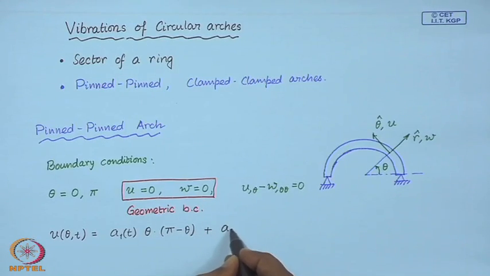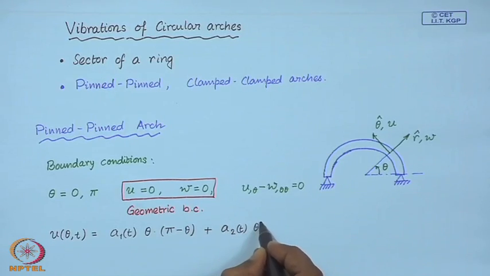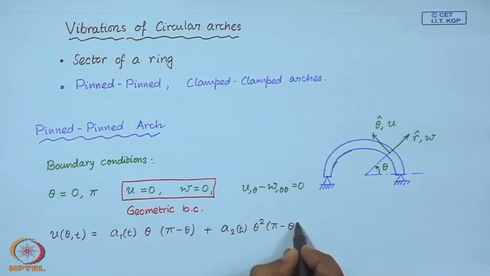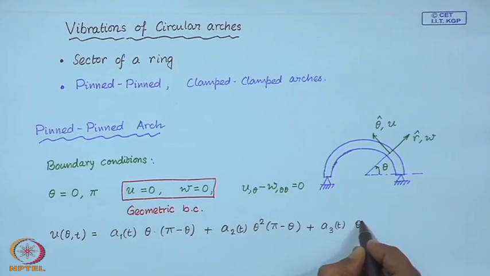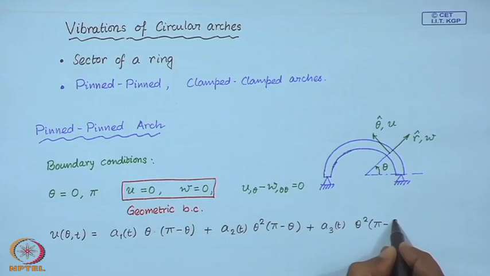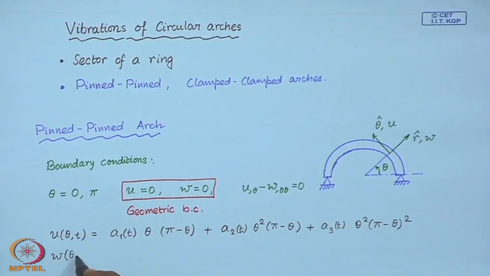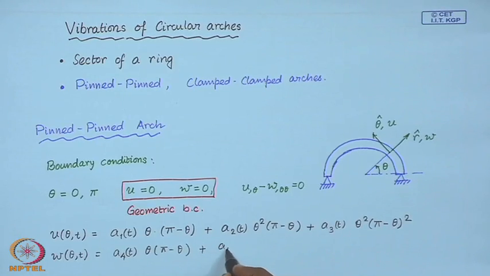So, I can now construct, so I have taken a 3 term expansion for u, and similarly a 3 term expansion for w using the same admissible functions.